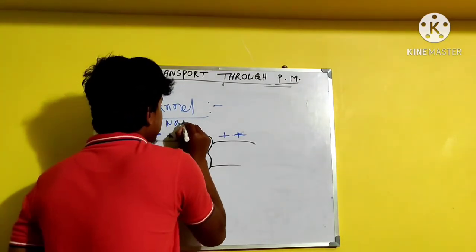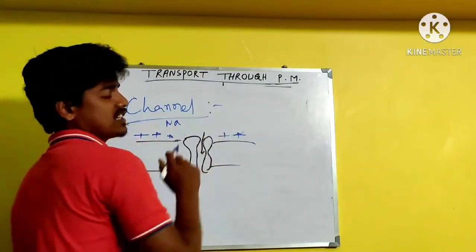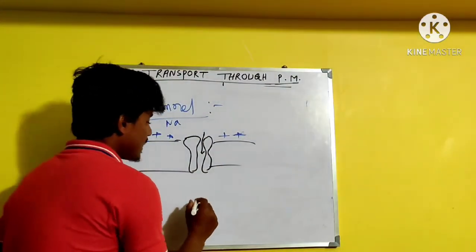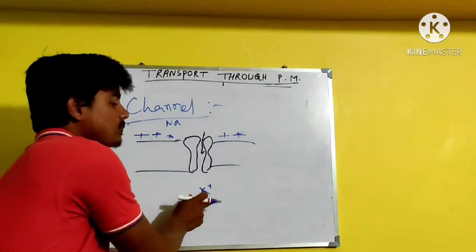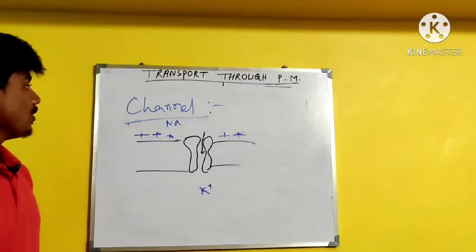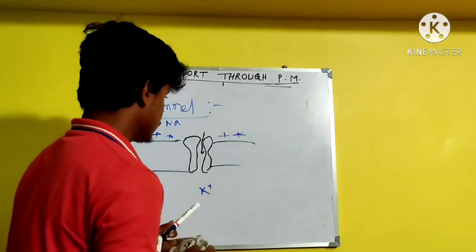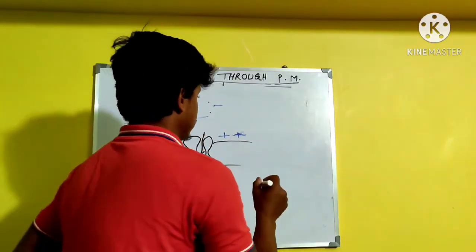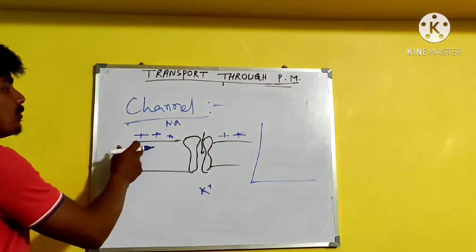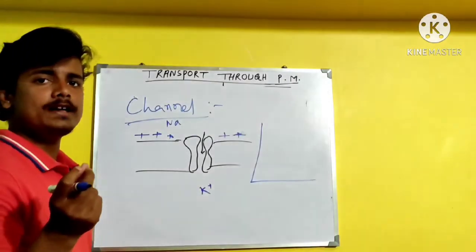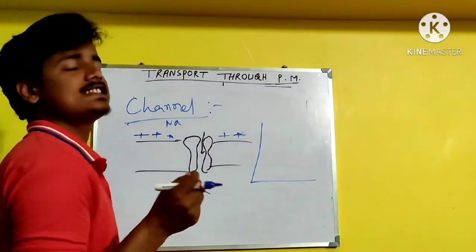Na plus is high on the outside of the cell and K plus is high on the inner side of the cell. When we draw a graph, the resting membrane potential. What is it? The cell has a voltage difference, which is known as the resting membrane potential.